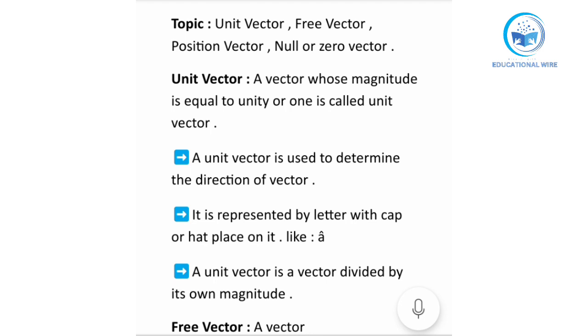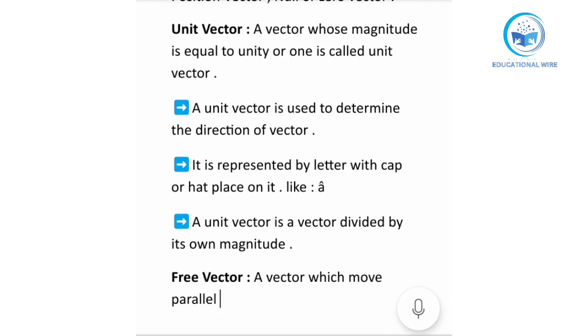A vector which moves parallel to itself and applies at any point is called a free vector.